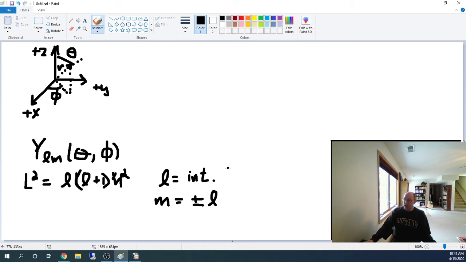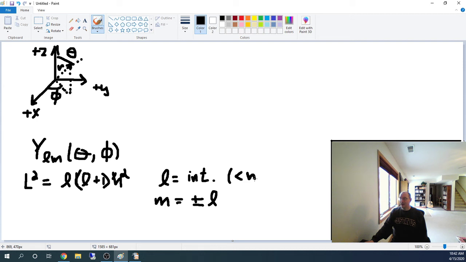I'm going to say this as well. When you do the separation, there's a third quantum number that leaps out, a third separation constant that comes out when you separate out the radial part from the energy. That's the principal quantum number n. It turns out that solutions only work if l is an integer that's less than n.